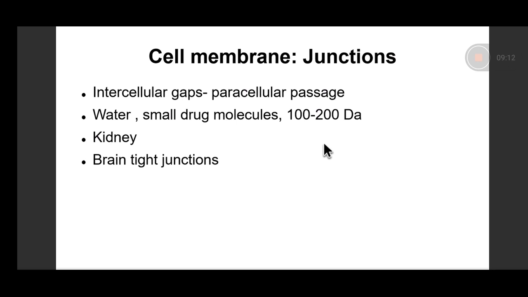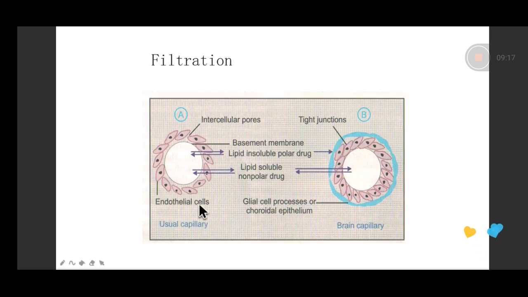This is a diagram, an example of an endothelial cell in a blood vessel in the kidney, or any other capillary also. In between the endothelial cells are gaps. These gaps allow for movement of both lipid soluble drugs through the cell and lipid insoluble polar drugs through the intercellular gap.